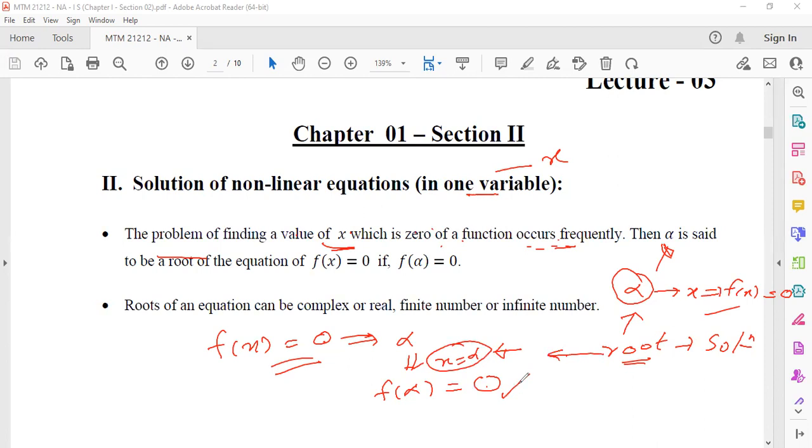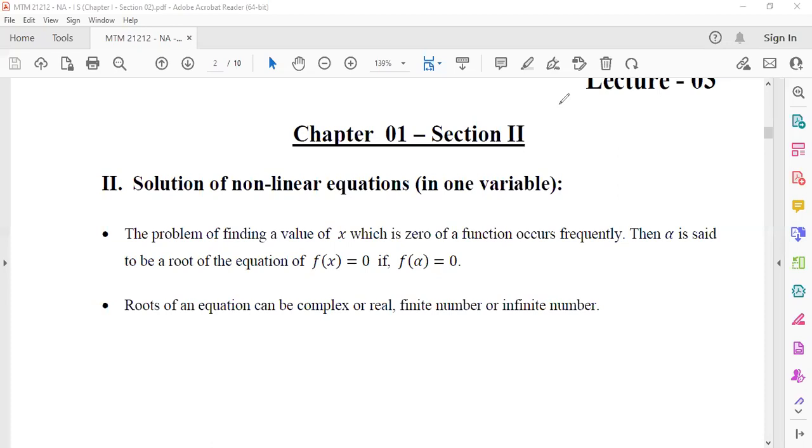Also they say the root of an equation can be complex or real, finite or infinite. For example, x equal to 5 by 2 is a root, and it is a real number, isn't it?